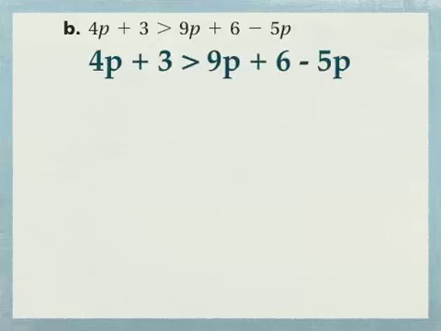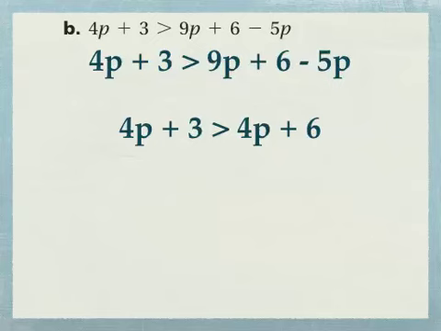When I do that, I'm left with 4p plus 3, the left side hasn't changed, is greater than 4p plus 6, when I combined my 9p minus 5p. Now I need to get my variable by itself, so I need to subtract 4p from both sides. When I subtract 4p from both sides, my p's cancel out because 4p minus 4p is 0, and that happens on both sides of the inequality sign. So I'm left with just 3 is greater than 6.